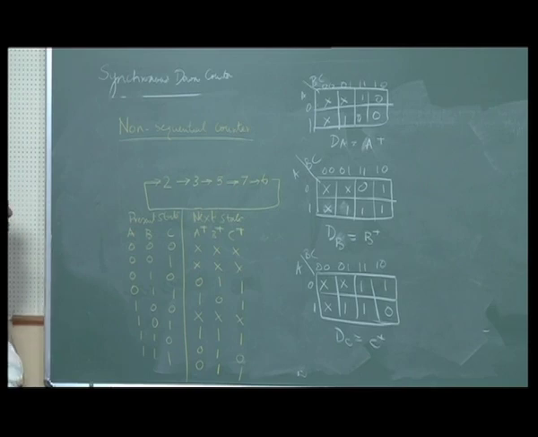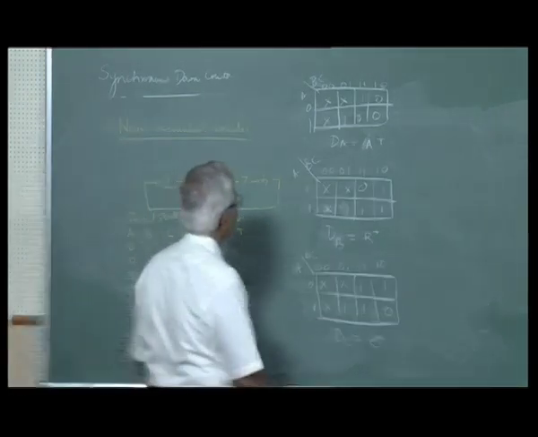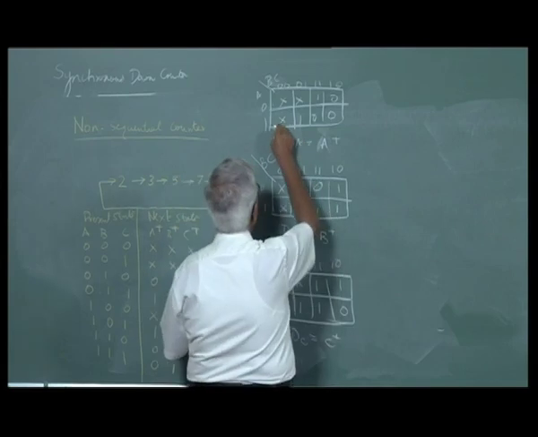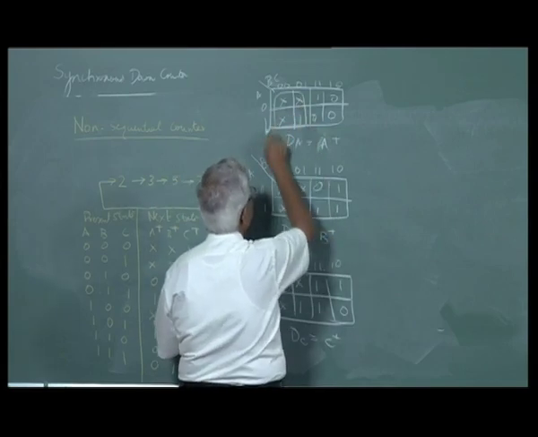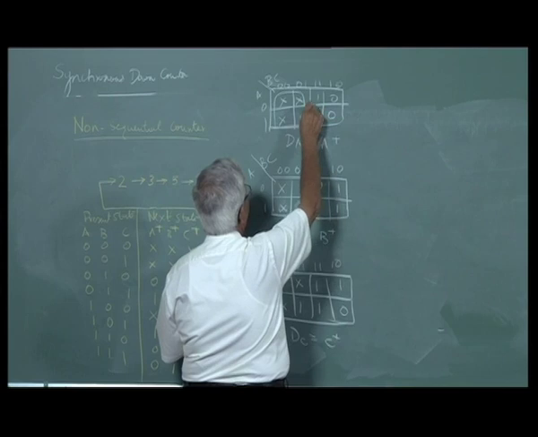Now, how do you read this map? Very simple. This one can be combined with these 3 don't cares. This one can be combined with this don't care.